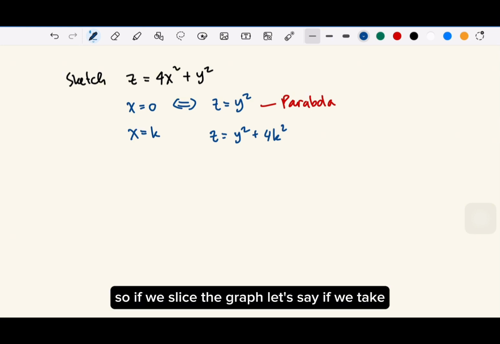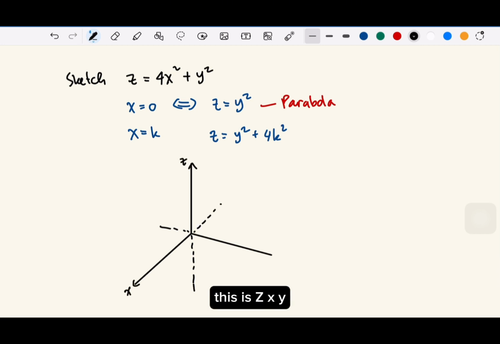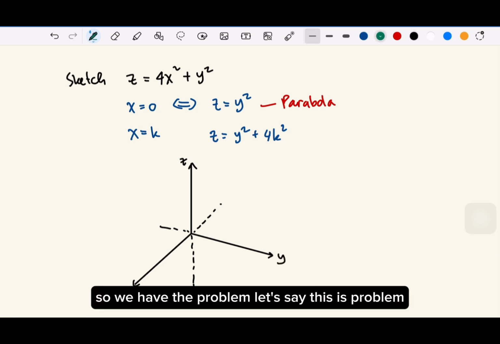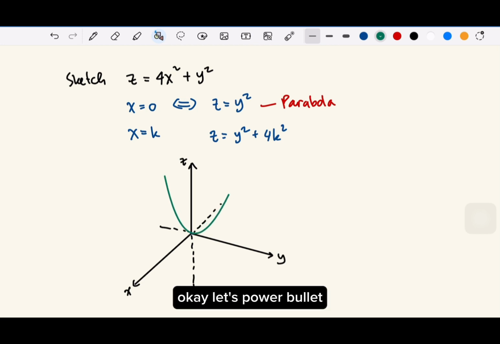So if we slice the graph, this is z, x, y. So we have the parabola, let's say this is parabola.